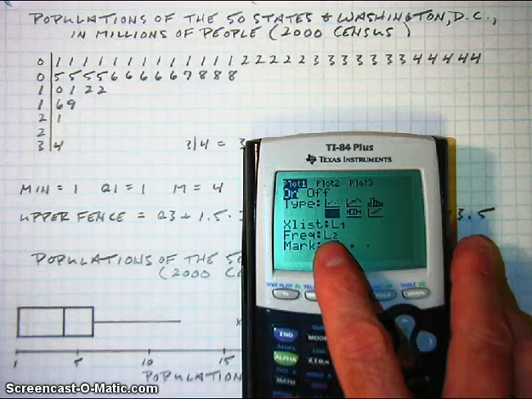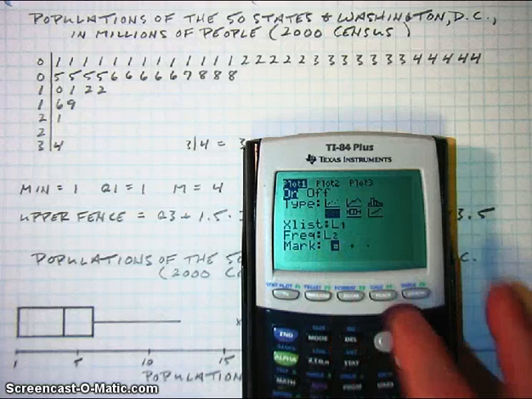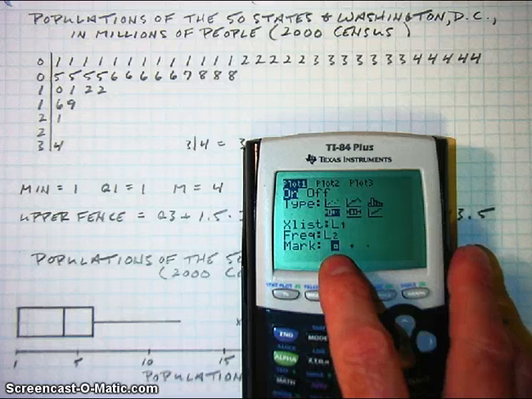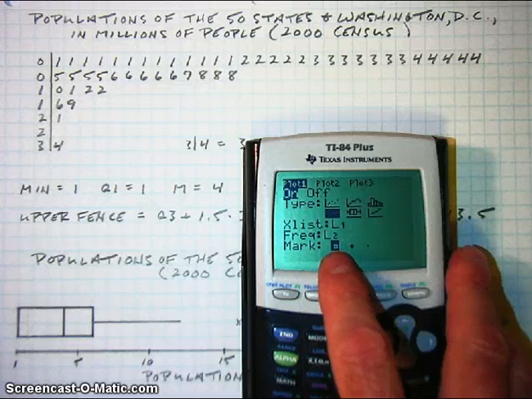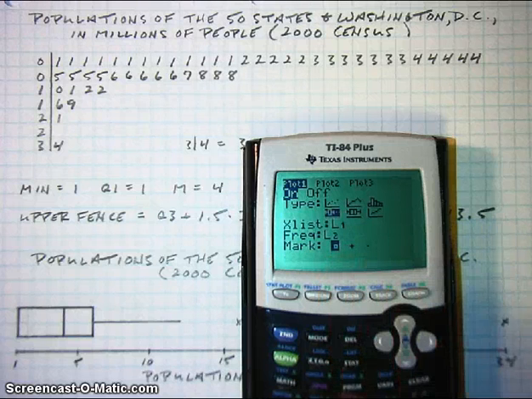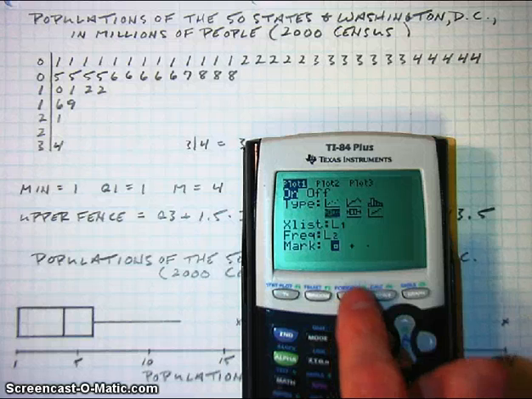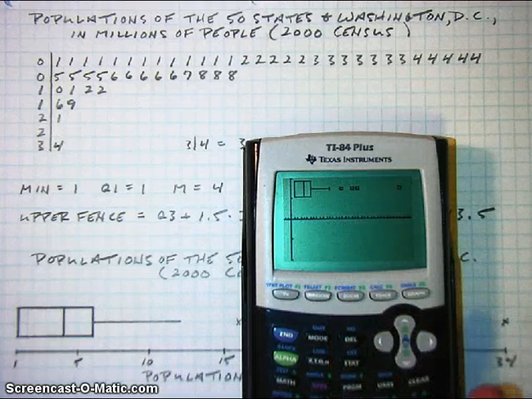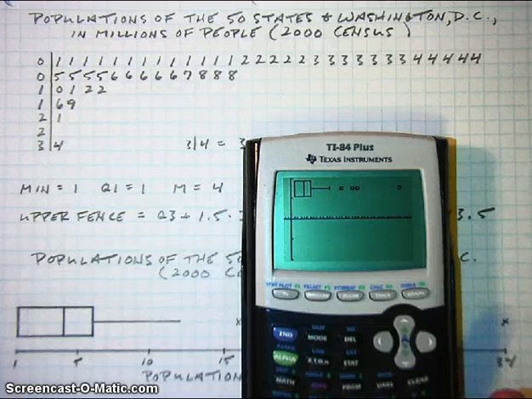The frequencies of those data values are in list 2. And then I'm going to use this mark right here as the mark for the outlier. You could choose a plus sign or a dot also, but this one is easier to see if the data set's not too big. And then you can just zoom 9, and the calculator will draw your modified box plot.